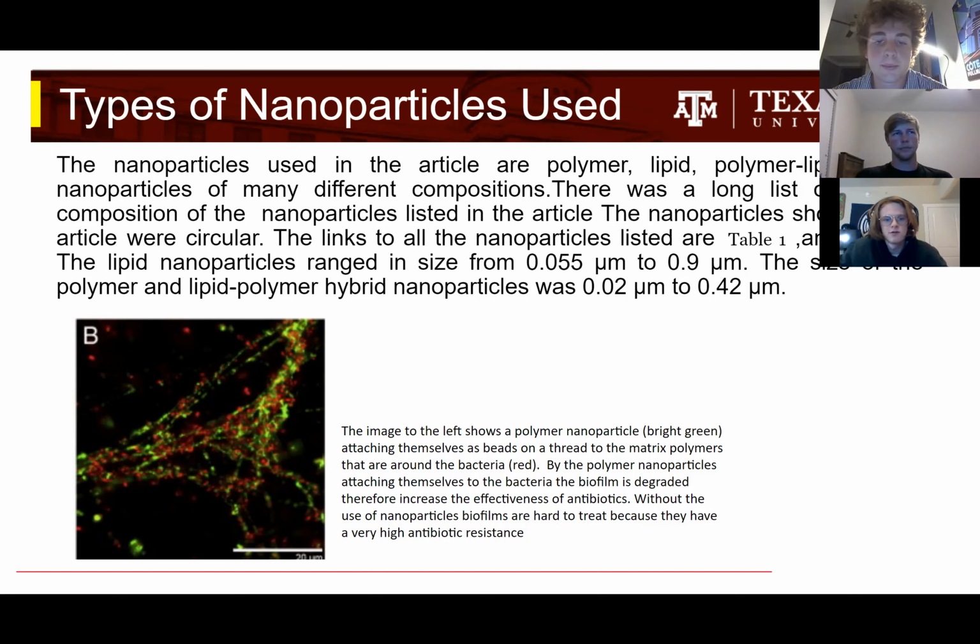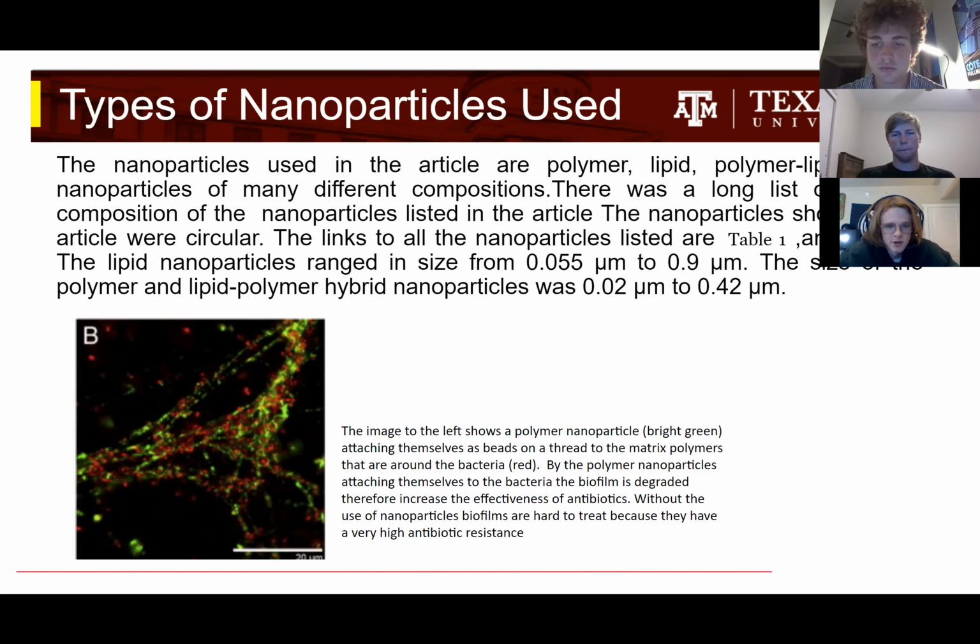the sizes for the lipid nanoparticles was 0.055 micrometers to 0.9 micrometers, and the size of the polymer and lipid-polymer hybrid nanoparticles was 0.02 micrometers to 0.42 micrometers.